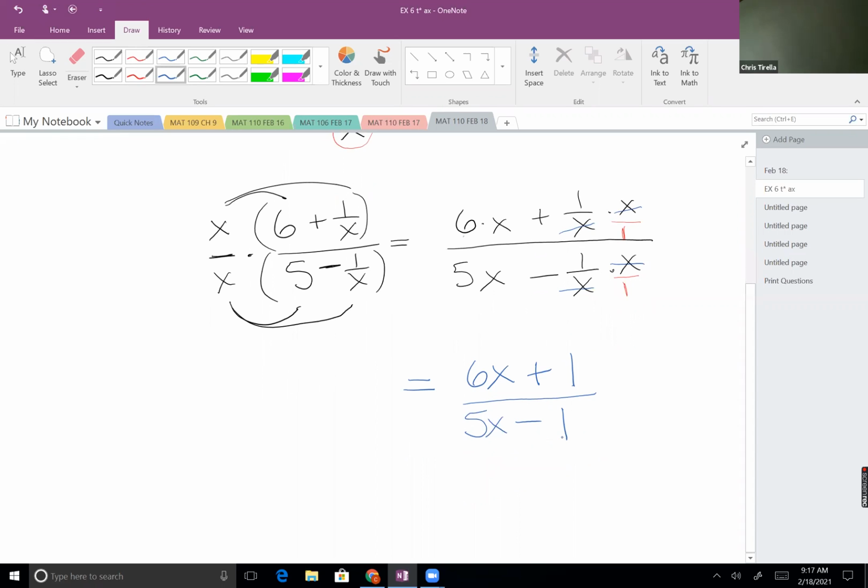And so I've got 6x plus 1 over 5x minus 1. Is that reducible? And as I look at that, I think not, because 6x plus 1 is prime, 5x minus 1 is prime. Neither of them factor, so they have no common factors.